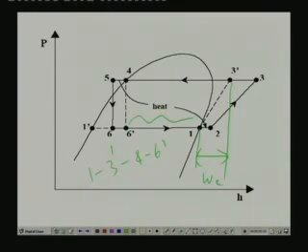Let me point out at this point, and I have already discussed this in the earlier lectures, that when you are using a liquid suction heat exchanger, the compressor inlet is entering into the superheated region. You can see that point 2 is in the superheated region, whereas with the SSS cycle the compressor inlet is a saturated vapor. This will have a bearing on the performance, which we shall see shortly.